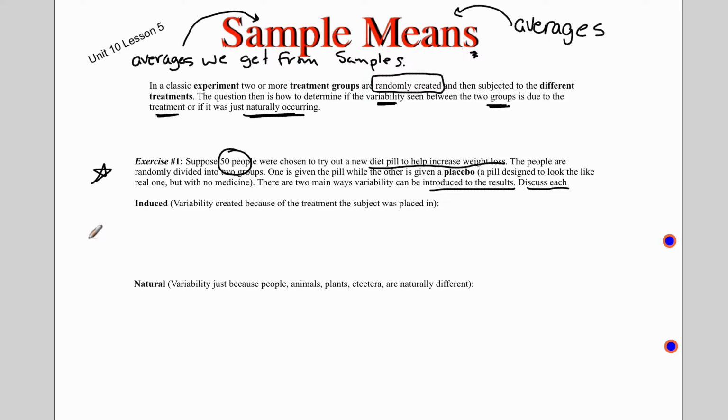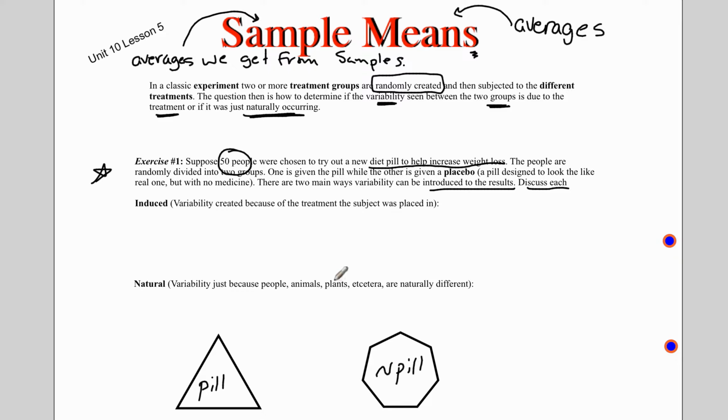So you have your groups. Let's have our 2 different groups. One group gets the pill, and the other group doesn't get the pill. Induced variability is created because the treatment of the subject was put in.